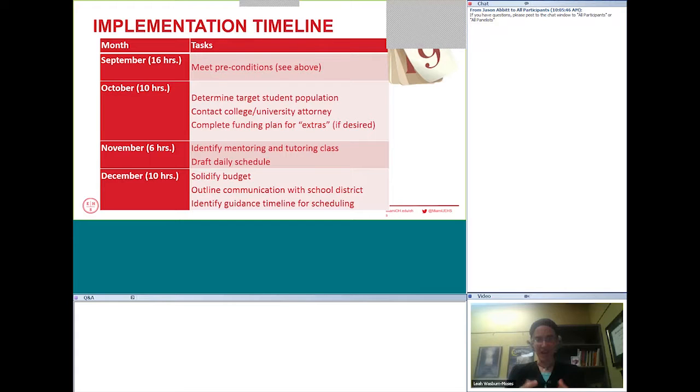The daily schedule, what I mean by... I think the rest are pretty self-explanatory on this page. The guidance timelines for scheduling just means, like February, March, your high school guidance counselors will be looking to schedule young people for the next year.